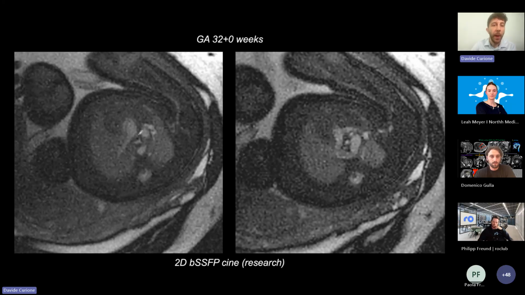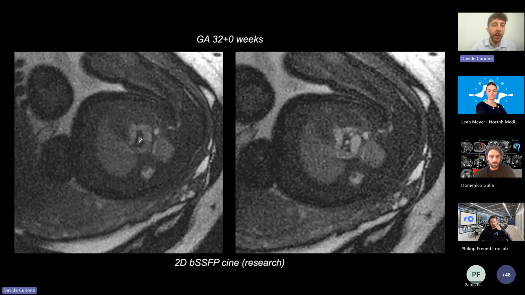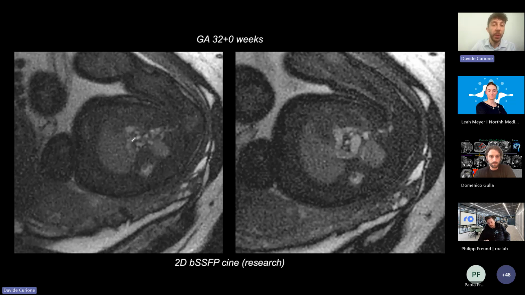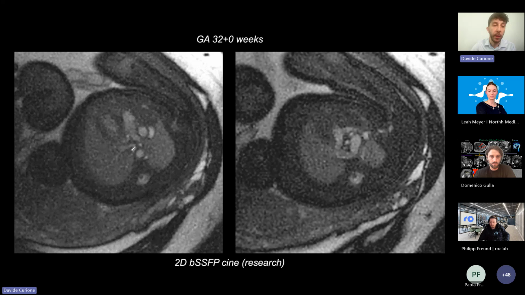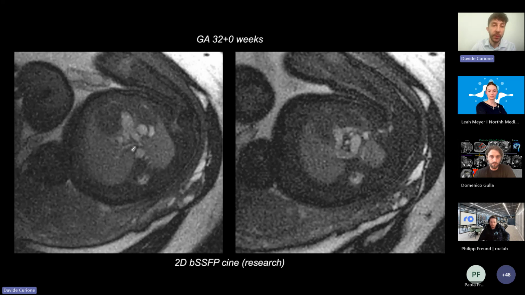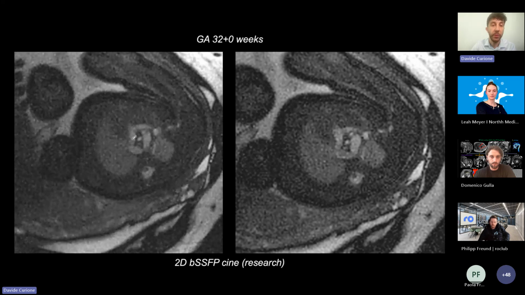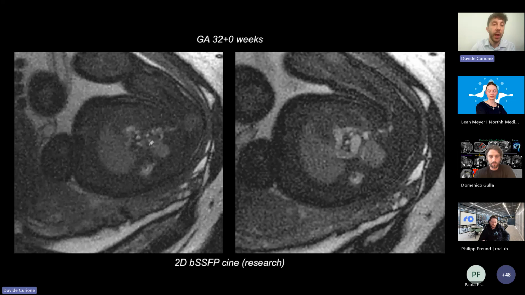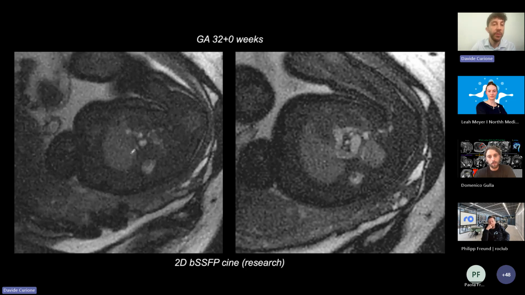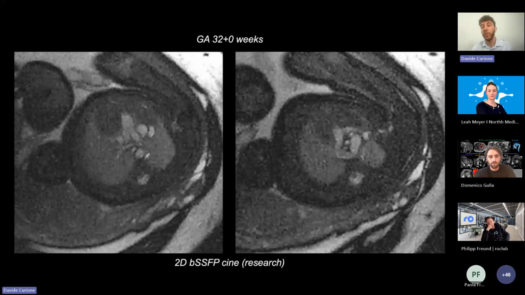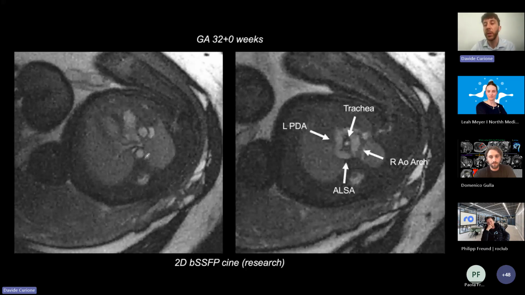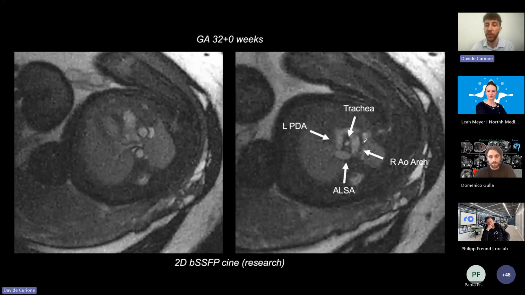It is clearly demonstrated that there is a vascular ring with a left posterior ductus arteriosus, a right aortic arch, and an aberrant left subclavian artery forming a vascular ring around the trachea and the esophagus. And there is one specific plane where you can see all the different components of the vascular ring.